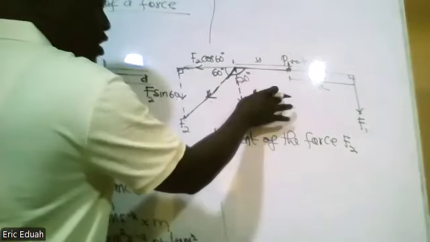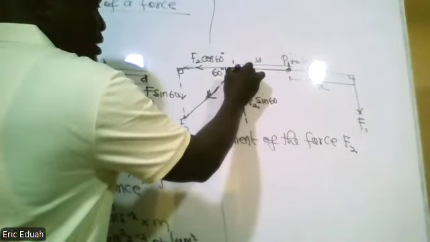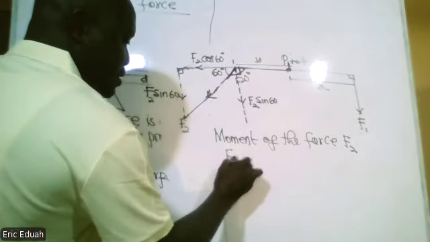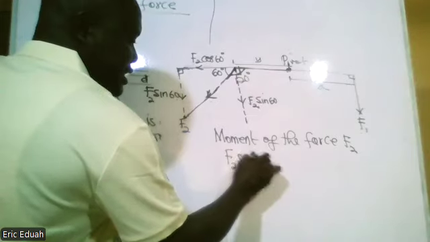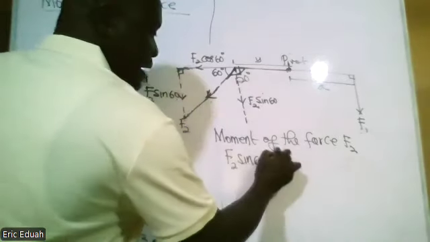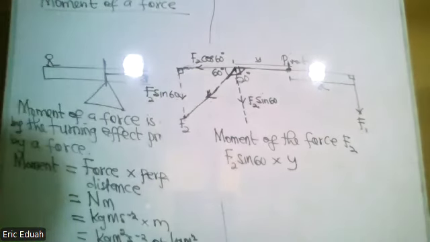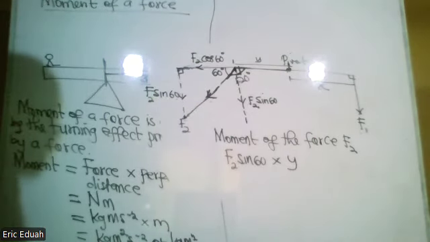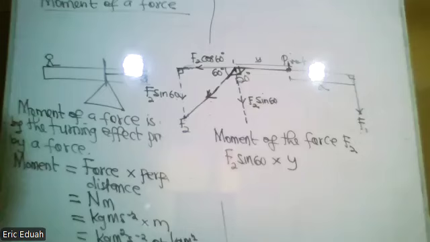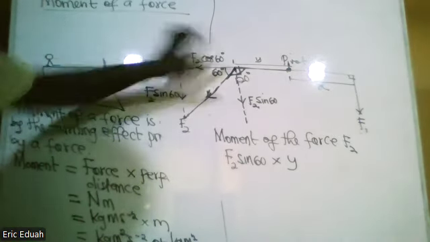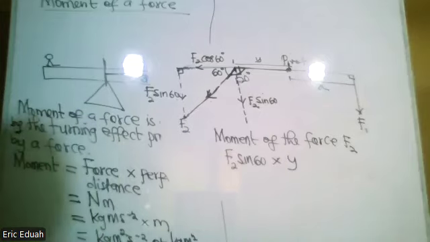So the force which is now perpendicular to this distance is F2 sine 60 times the distance y. So until you have determined the component which is perpendicular, you cannot just calculate it if the force is not directly perpendicular.